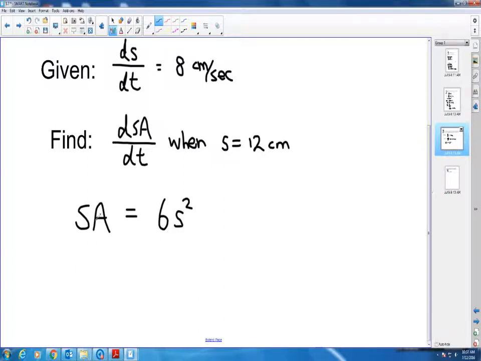So the derivative of SA, like a u, would be 1 times dSA over dt, set equal to, I'm going to pull out the 6, and take the derivative of s squared with respect to time. That will be 2s ds/dt.